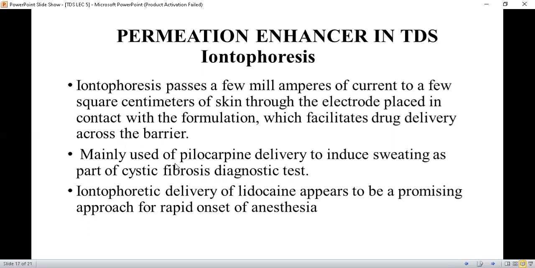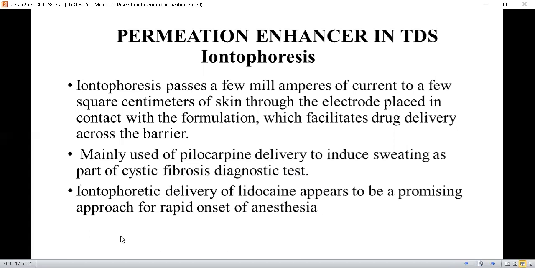It is mainly used for pilocarpine delivery to induce sweating as part of the cystic fibrosis diagnostic test. This procedure is used for the cystic fibrosis diagnostic test. Iontophoretic delivery of lidocaine appears to be a promising approach for rapid onset of anesthesia.